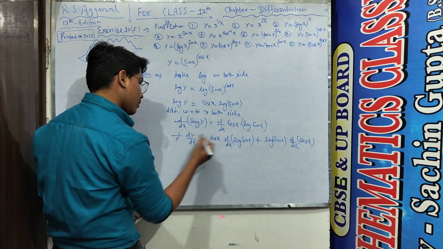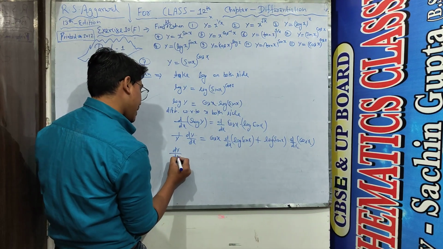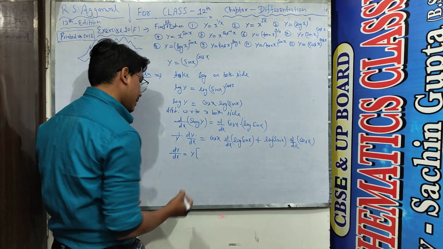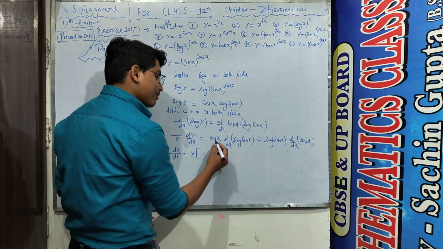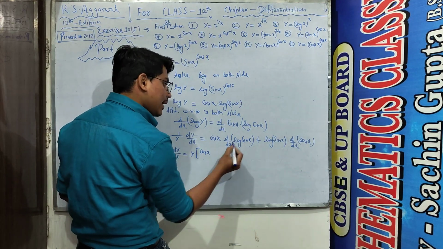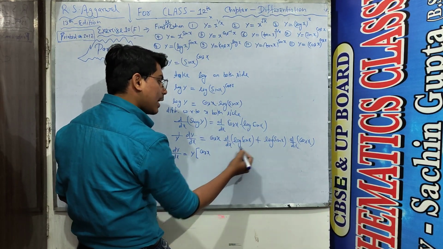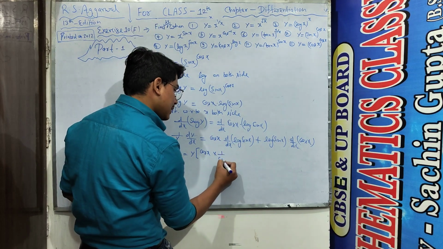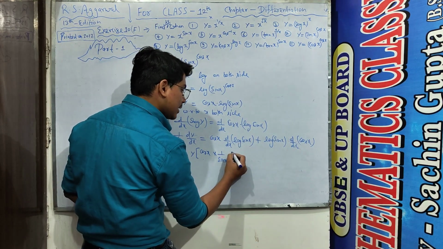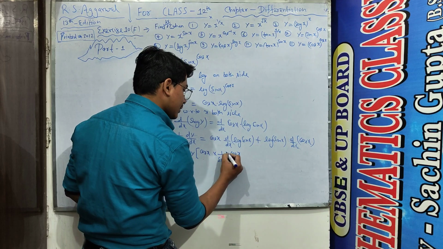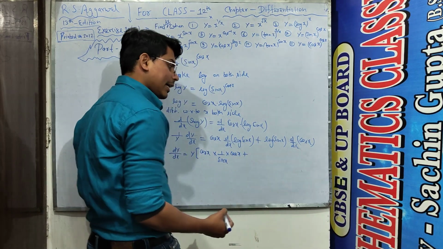Now this y goes to the right hand side in multiplication, and I write cos x as well, and the differential of log sin x is 1 upon sin x, and the differential of sin x is again cos x, by applying chain rule.